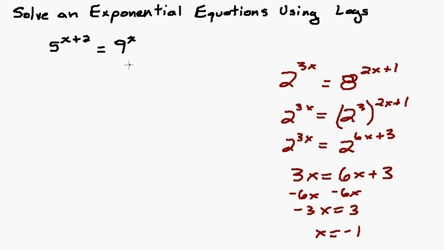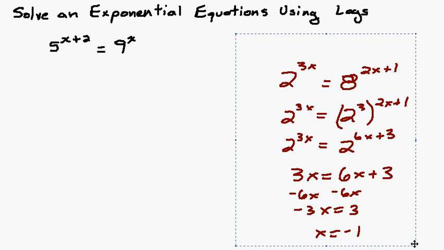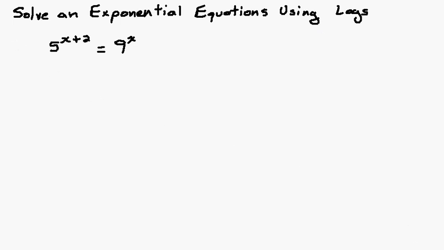Now what we're going to use is this rule. Let me erase all this. We're going to use a rule of logs that says log base b of m to the x equals x log base b m.